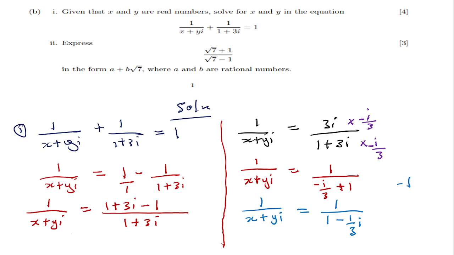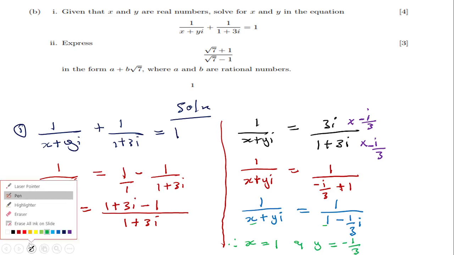Your next step is an easy step: you equate x to the real part, because x is the real part and y is the imaginary part. Therefore x is equal to 1, and y is just negative 1 over 3. So this is the final answer.